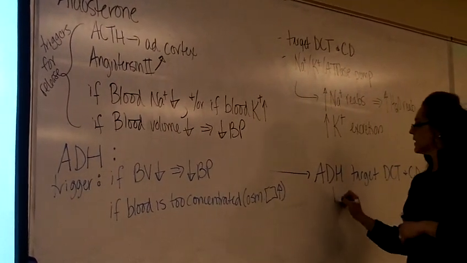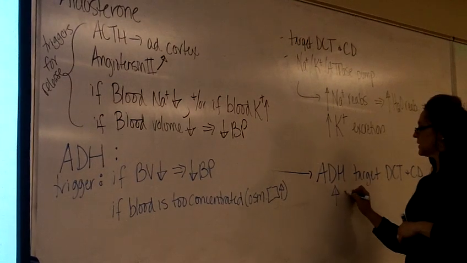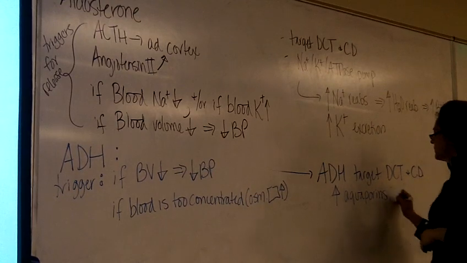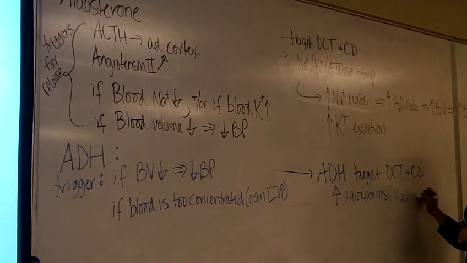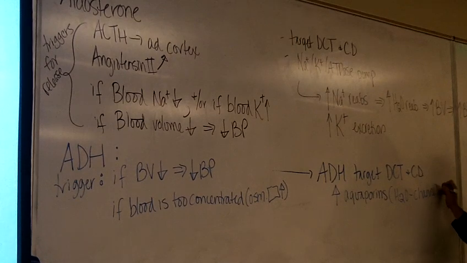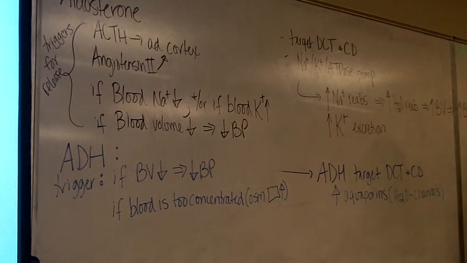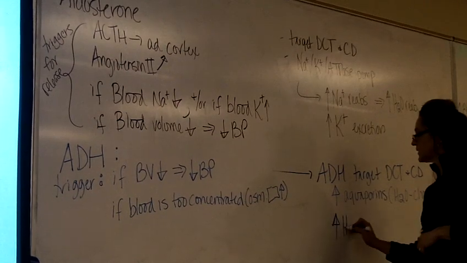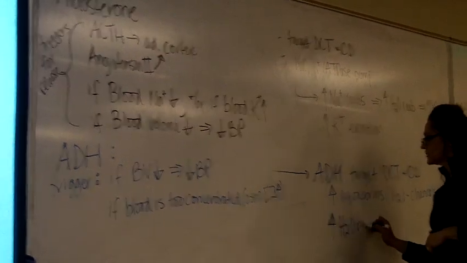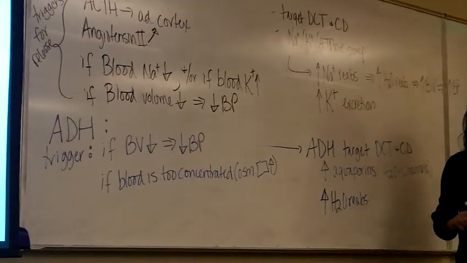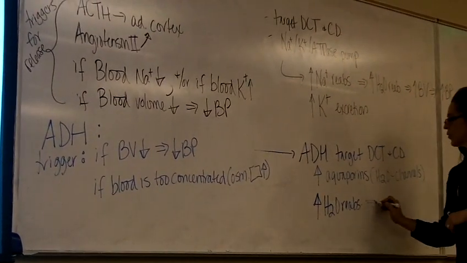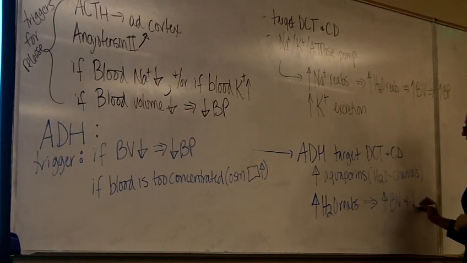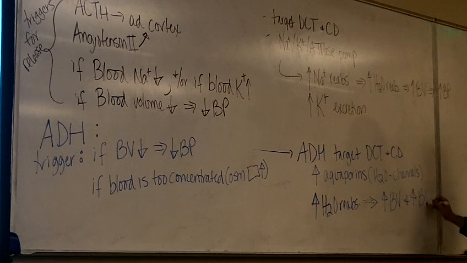And here it's going to cause an increase in aquaporins, water channels. So if we're making more water channels, then that means we can increase how much water we are reabsorbing. And if we reabsorb more water, that's going to increase our blood volume, and that increases our blood pressure.